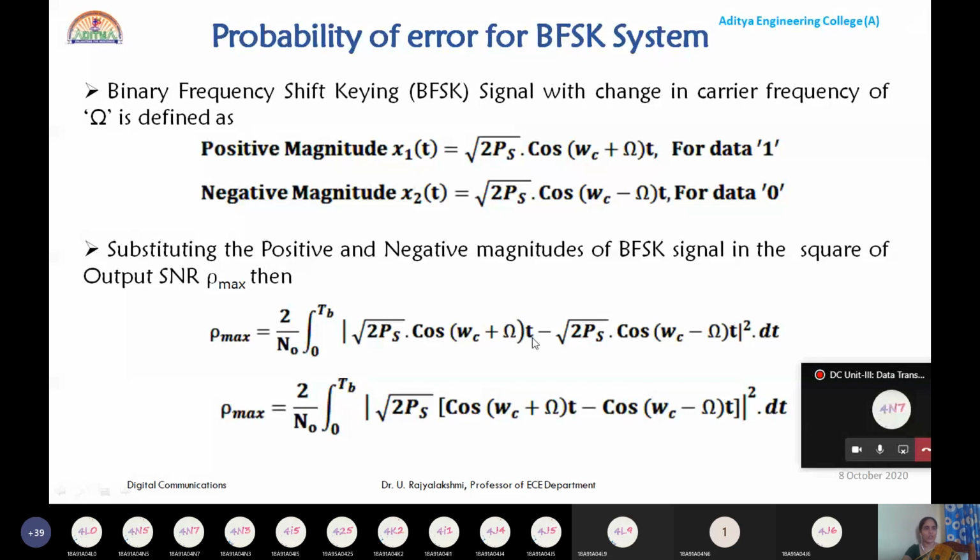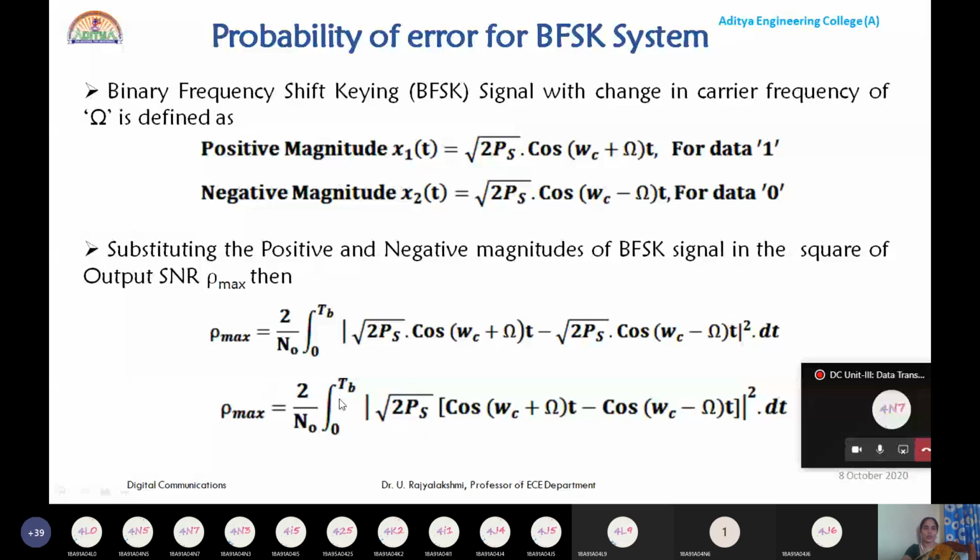Please substitute here and please take root 2 Ps as common from these two. If you observe these two, you can analyze that root 2 Ps is a common term. So take it out. So square and root get cancelled. So you will get 2 Ps now outside the square, because it is independent of time, you can take it out.